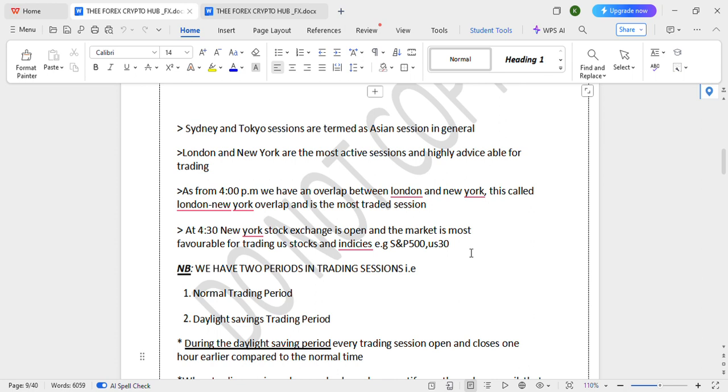So that is 4:30 to 5. Just watch how the market is, how the volatility is. Volatility is the movement, the volume, whether the candlesticks are very strong, and just watch the market behavior during that time, so that you can understand why it is important for you to trade during particular sessions.